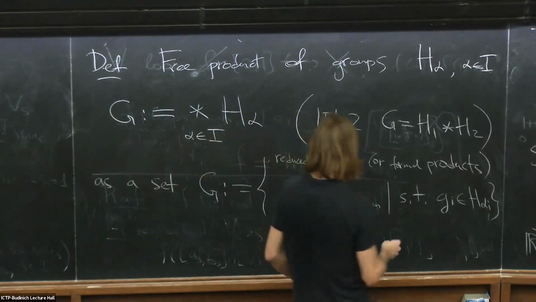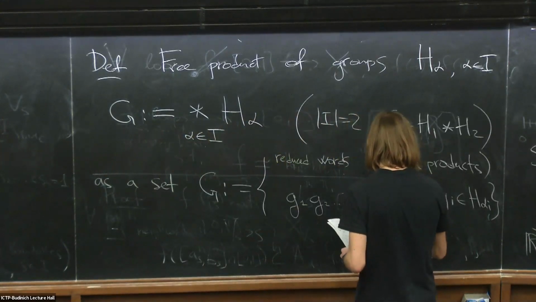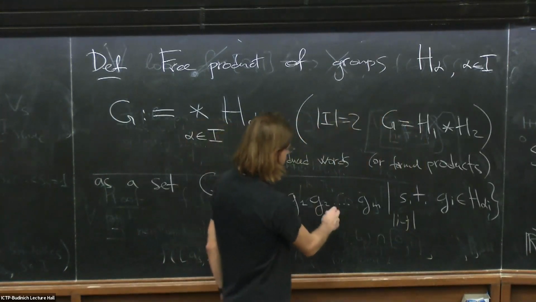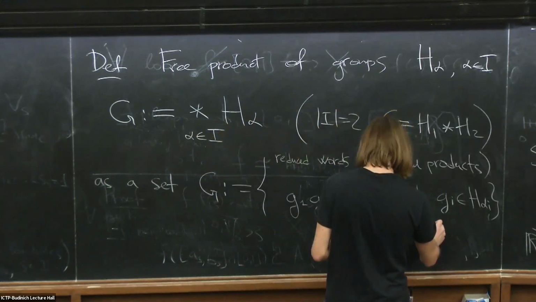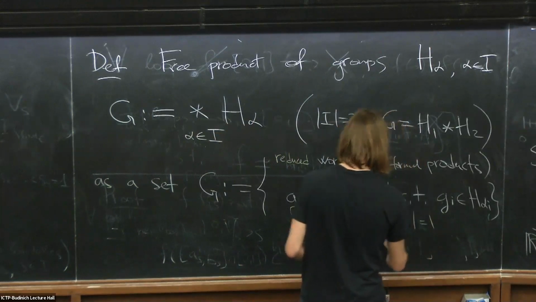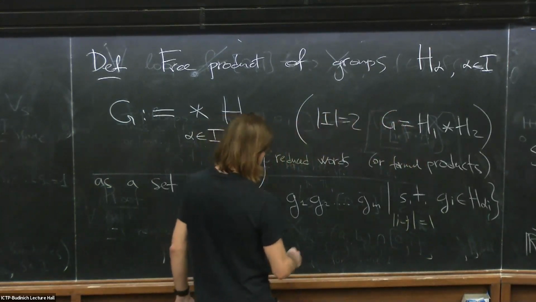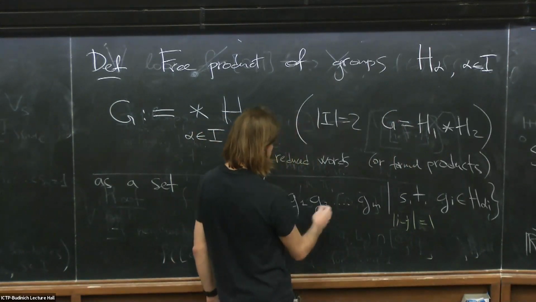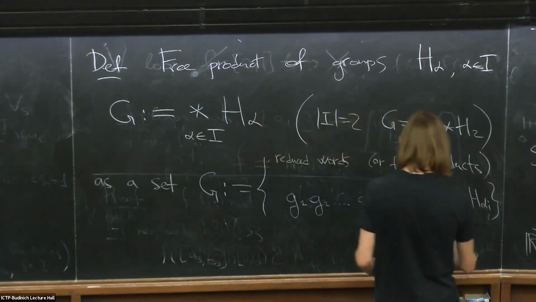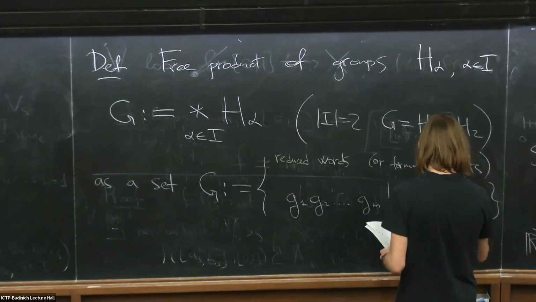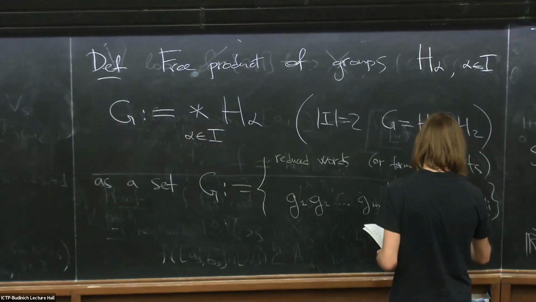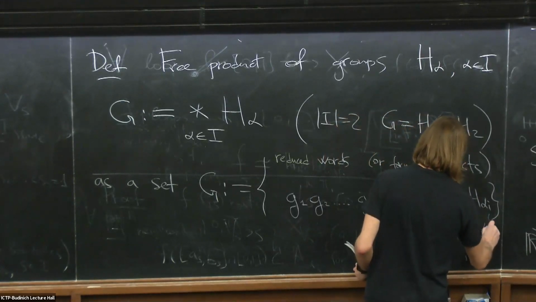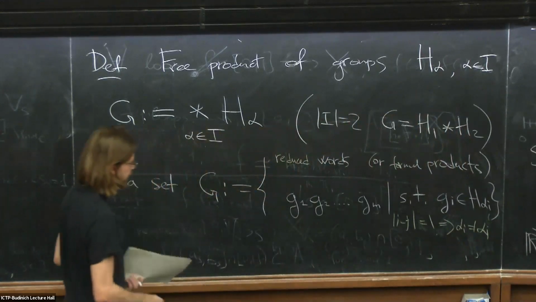Reduced means that we impose an additional condition: for a pair of consecutive elements, something like gi and gi plus 1, the corresponding alphas should be different, meaning they belong to two different groups.